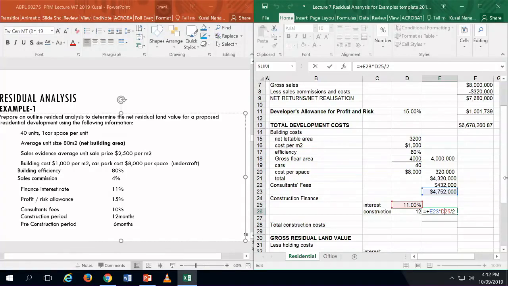This is the time: 3 months, 6 months, 9 months, 12 months. At the beginning, we have no borrowings, and halfway we have borrowed half the amount, and at the full time period we have borrowed the full amount. So our borrowing is like this, and we only pay interest on the amount we have borrowed. Right?